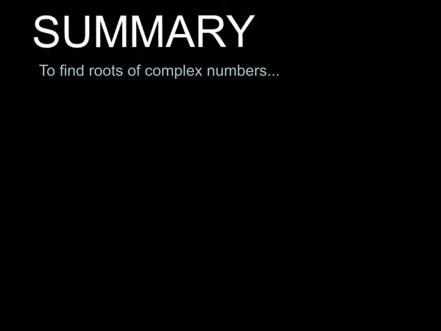So here's our summary. In order to find the roots of complex numbers, you first need to make sure that your number is in trig form. So you may have a conversion to do.